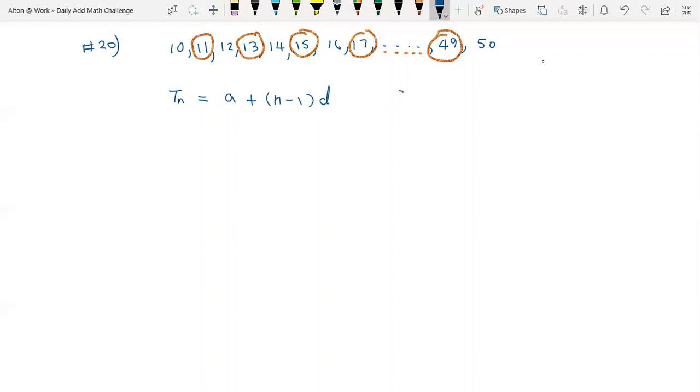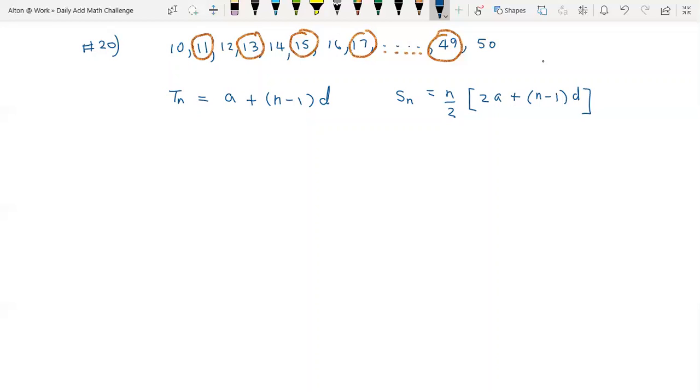And then we have the general formula, Sn, using what's on the formula sheet, is n over 2, open bracket, 2A plus n minus 1 by D.